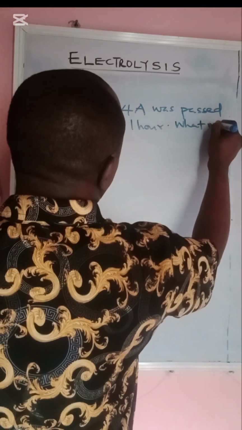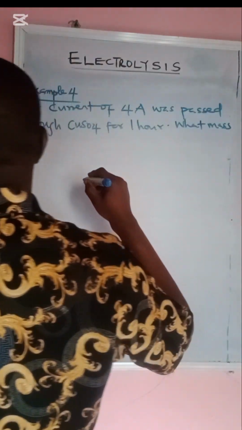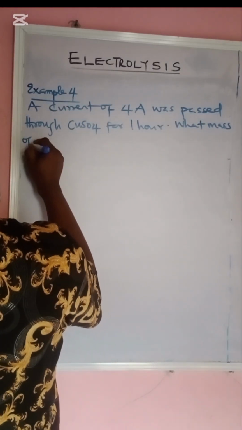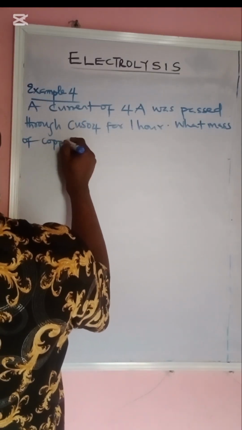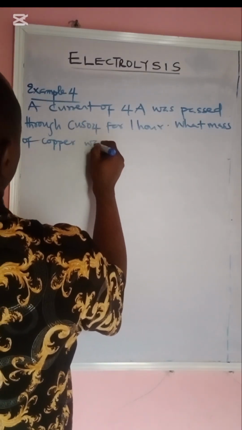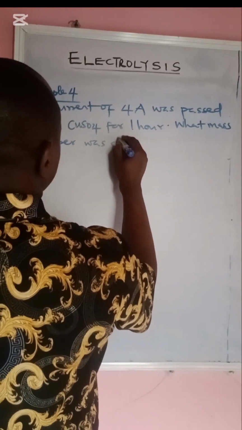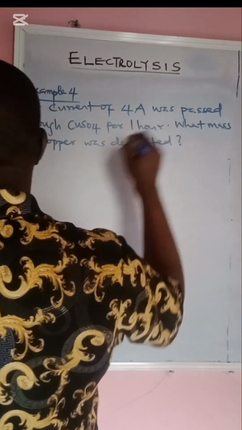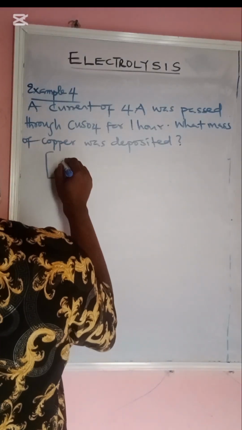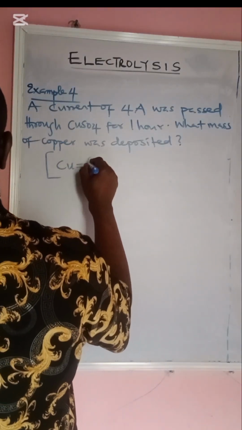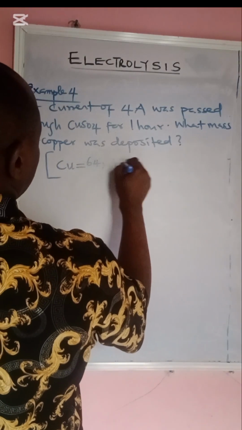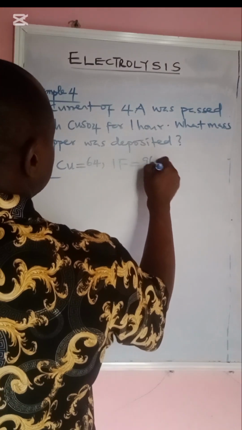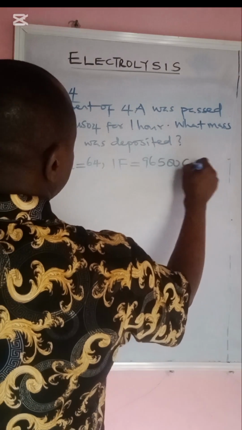What mass of copper was deposited? Okay, copper is equal to 64. 1 Faraday is equal to 96,500 coulomb.